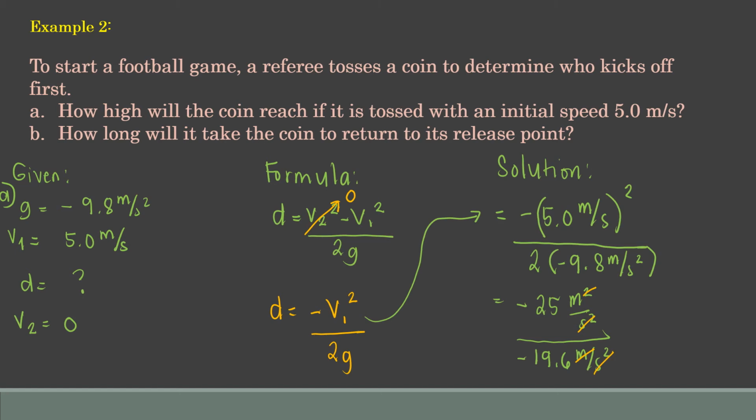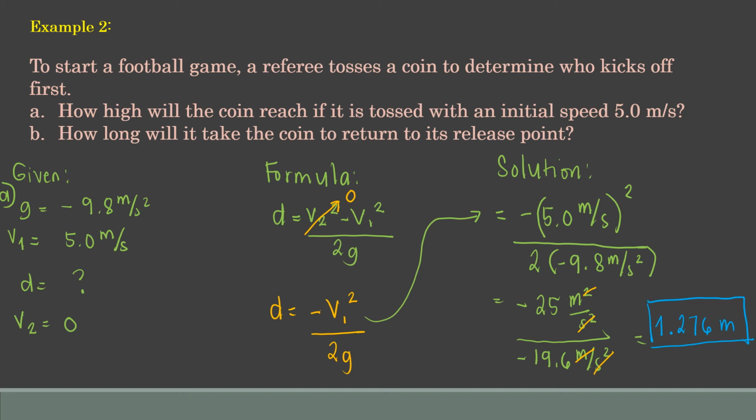Now, if we divide 25 by 19.6, expressed in 4 significant figures, we would have 1.2755 or 1.276. Our unit will now become meter. So this is negative and negative, and our answer is supposed to be positive. So the maximum height reached by the coin is 1.276 meters.